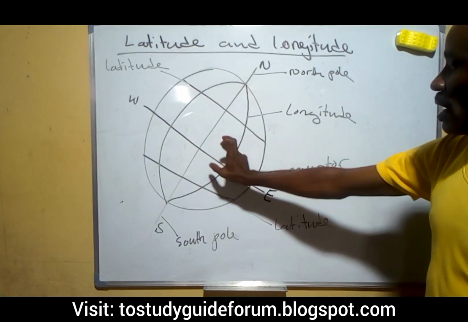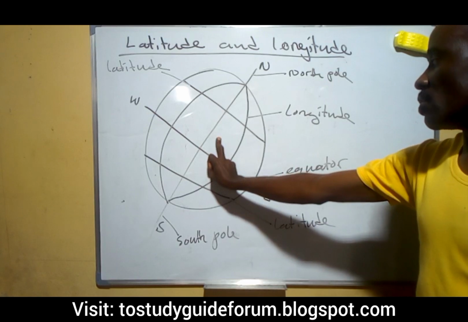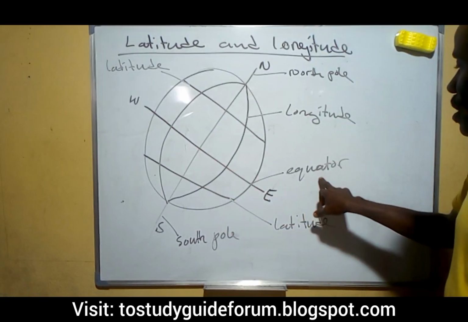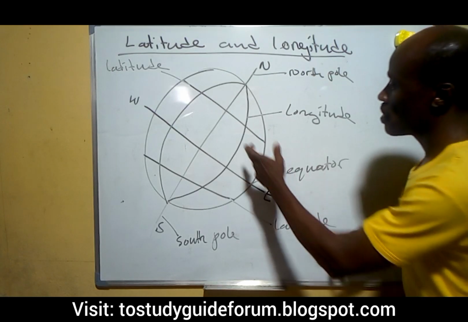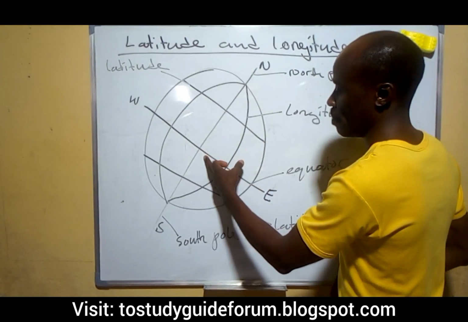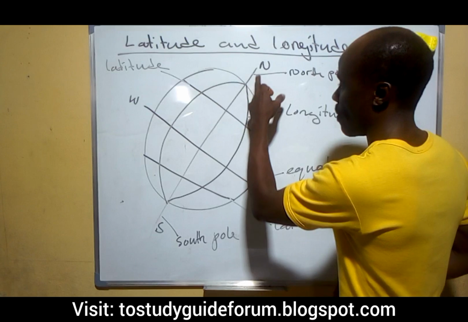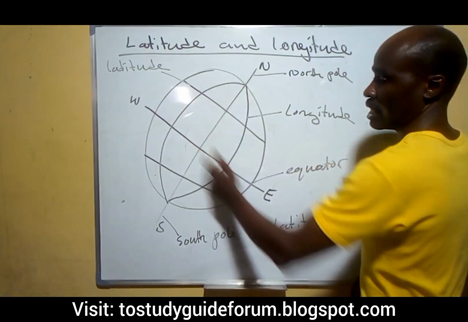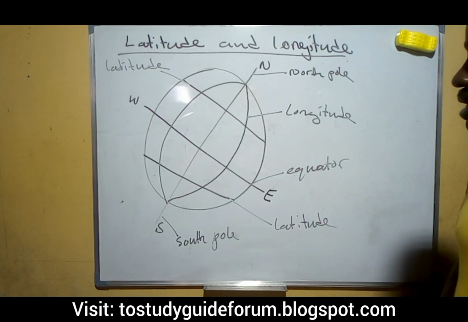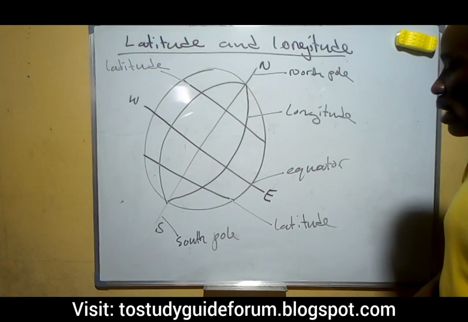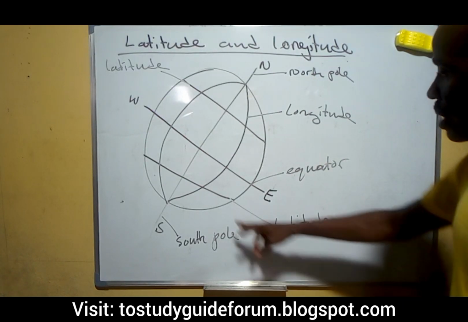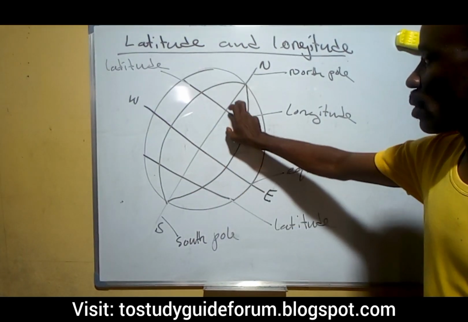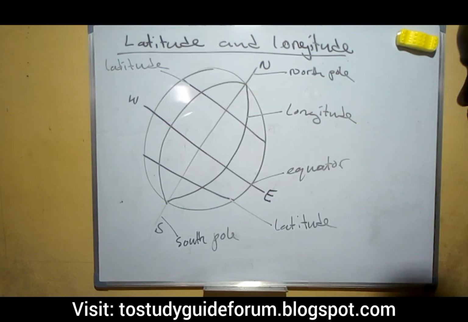The one that cuts the Earth into two equal parts is what we call the equator. This one, being that it cuts the Earth at the center, is known as the equator, while these other ones are examples of the ones that give us what we call the small circle.